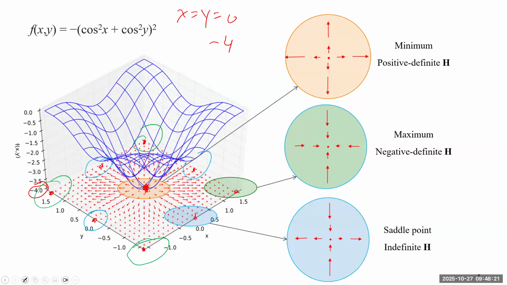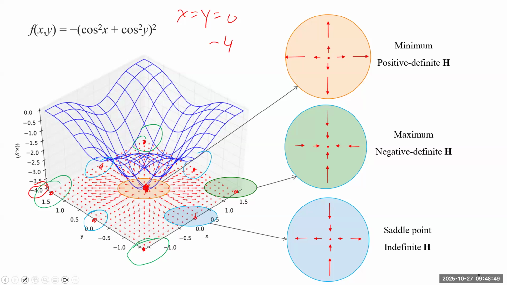And for the blue, the point centered at each blue circle is called a saddle point. So in one direction the gradient vector decreases, and in the other direction the gradient vector will increase. So if you check the Hessian matrix, some eigenvalues will be positive, some eigenvalues will be negative.